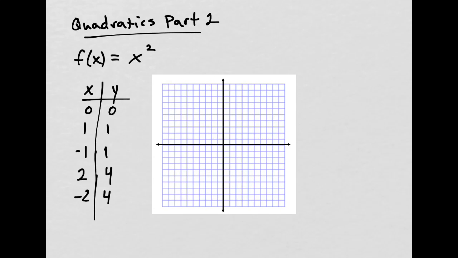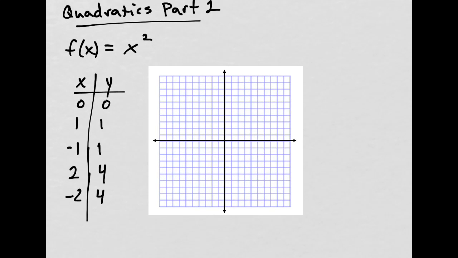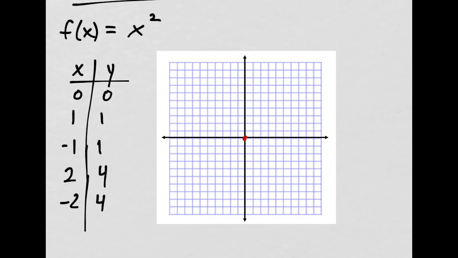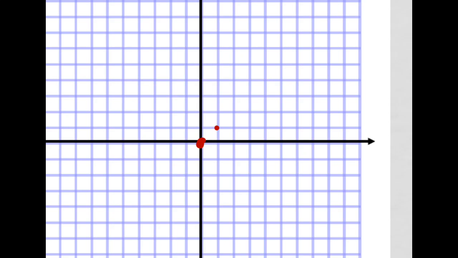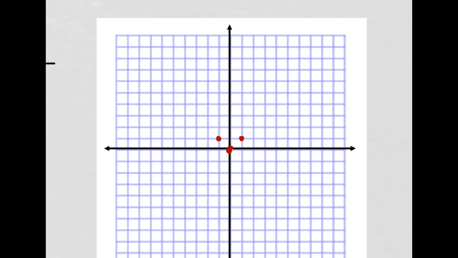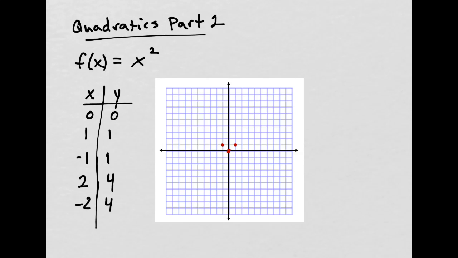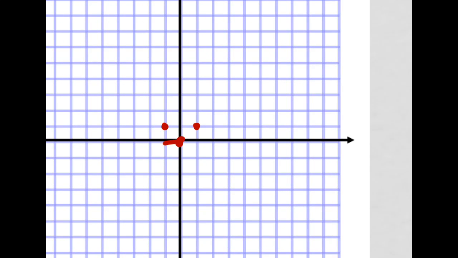And I have my coordinate plane there. 0, 0, that's easy. And I'm going to do it in red. 0, 0, great. And then 1, 1, right there. And negative 1, 1. That's back 1, up 1.